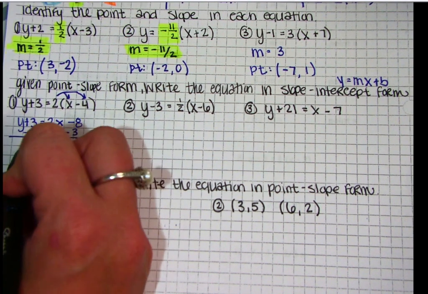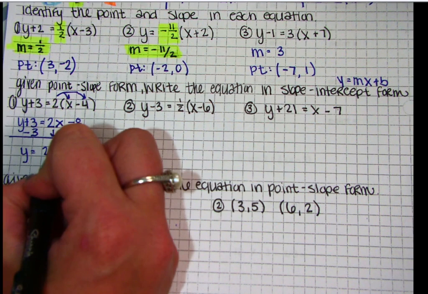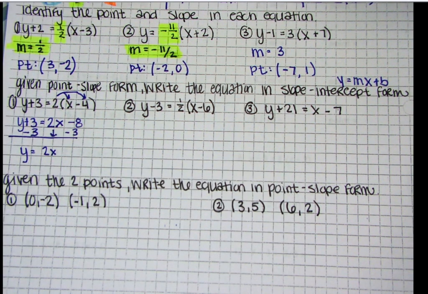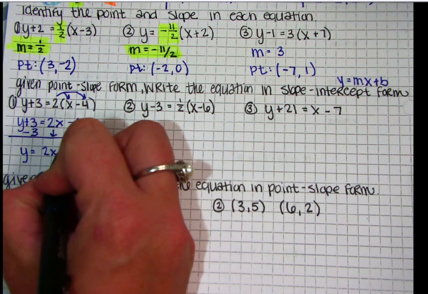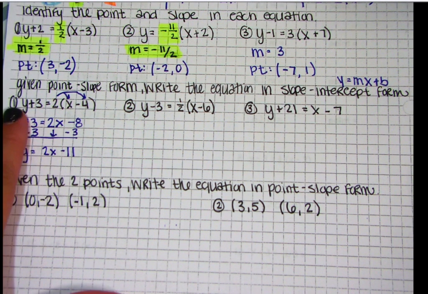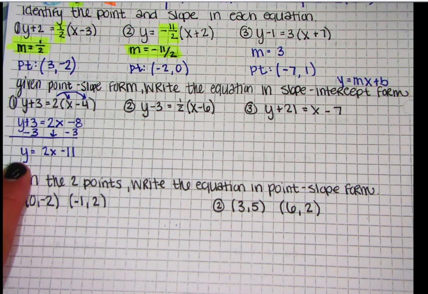So then I have y equals, I'm going to just bring down 2x. Nothing's happening with 2x. What's -8 minus 3? -11. Good job. And now it's in slope-intercept form. So these equations, although they look different, they can look like each other. So all you have to do to get this equation to look like slope-intercept is just solve for y.